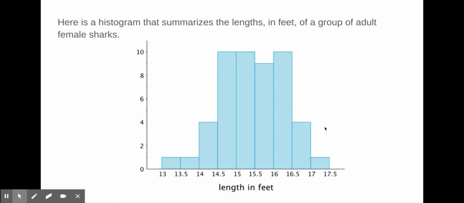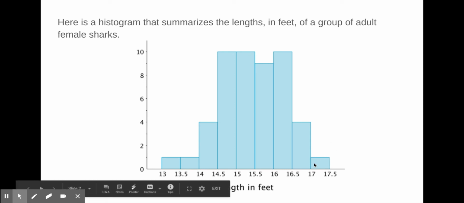And in a histogram, one of the things that's a little different is that the data is organized in bins. So this bin right here includes all of the sharks that were between 17 and 17 and a half feet, which looks like it was only one shark.